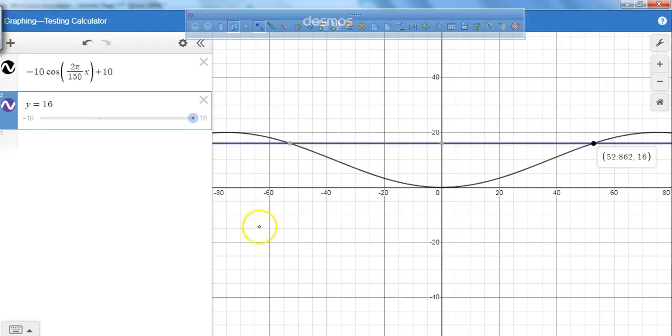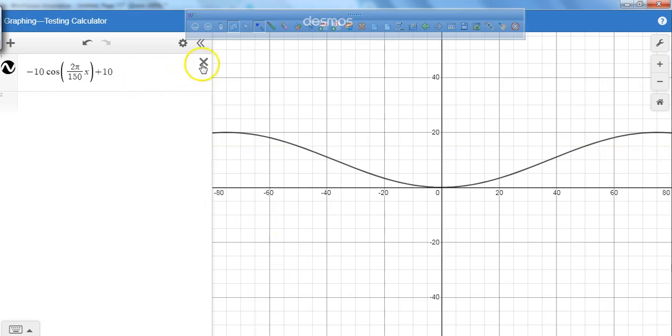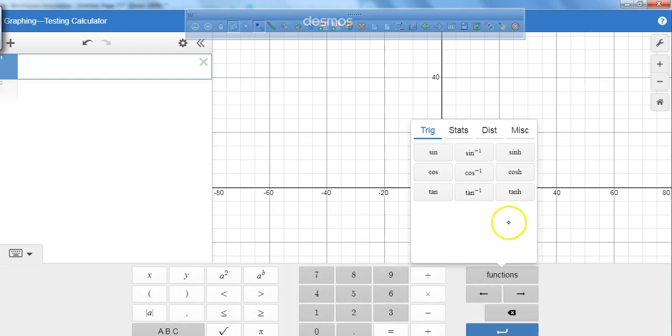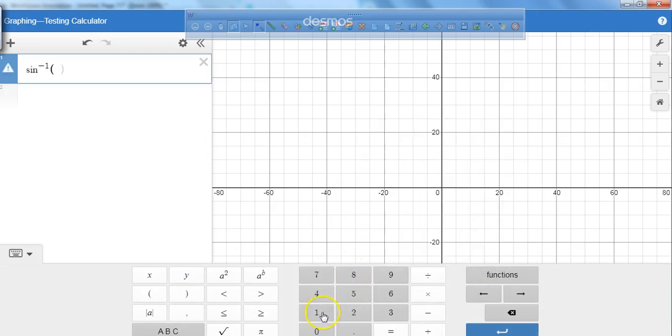So let's clear that out. Let's do the inverse of sine of 1 divided by 6, which is 0.167. That should be enough.